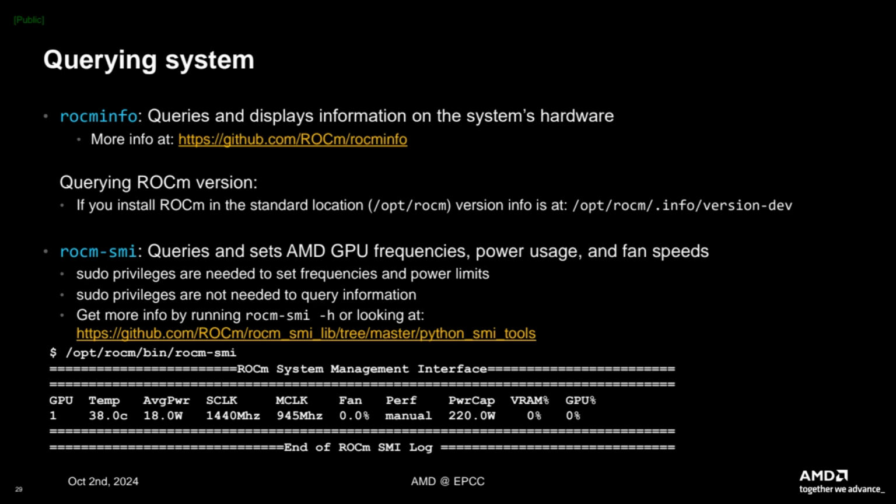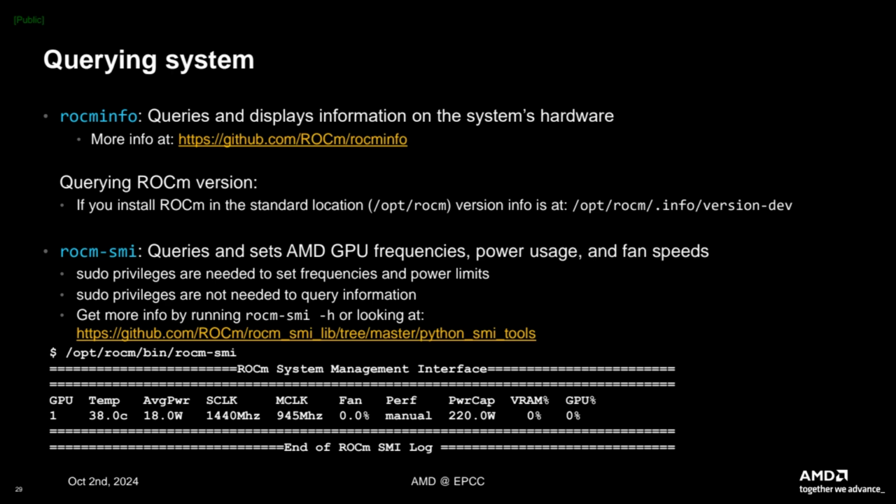You can also use it to find what type of hardware you are running on. If you grep on MI, all caps, it will tell you what GPU you are running on. You can also find the version of ROCm: if you just cat the .info/version-dev file to the terminal, it'll tell you the version.